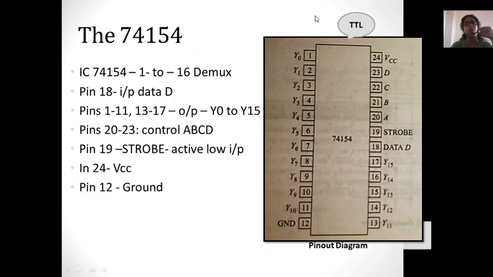This chip is also using TTL, transistor logic. What is the transistor logic? You remember? Yes, there is a NOT gate or an inverter at the output. So, what we expect to be low, the IC will show us high. What we expect to be high, the IC will show us low.